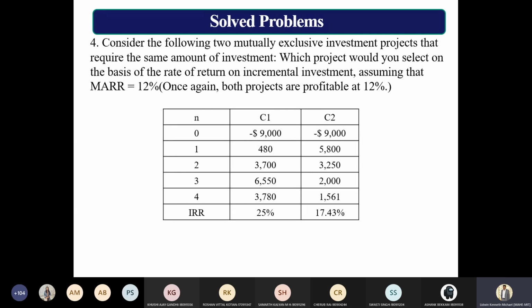You can straight away see at MARR of 12% itself and find whether C1 is better than C2 or not. So did anyone of you solve this particular numerical?